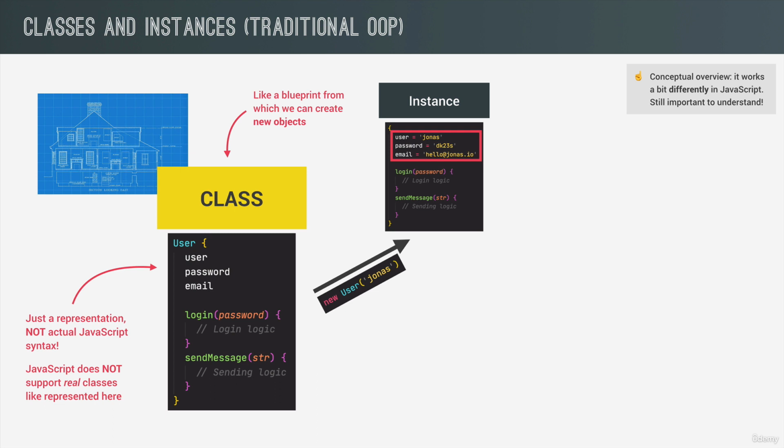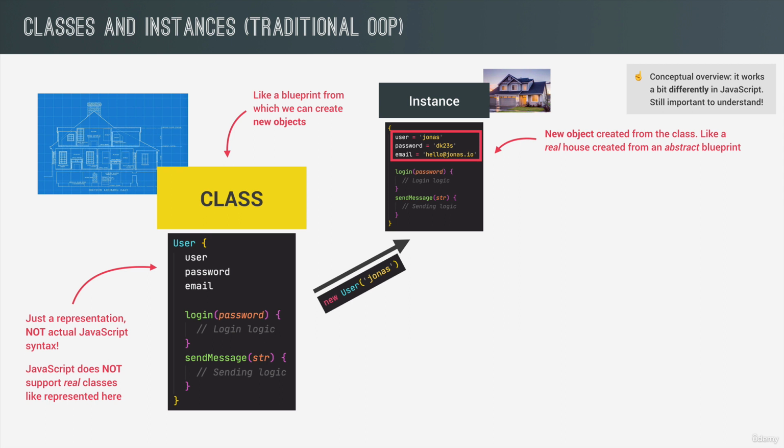So again, an instance is a real object that we can use in our code, which was created from a class. And the class itself is not an object. All right? So back to the blueprint analogy from earlier, this instance is like a real house which was created from the abstract blueprint created by the architect.